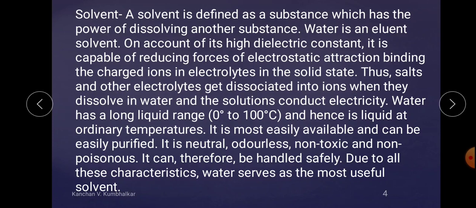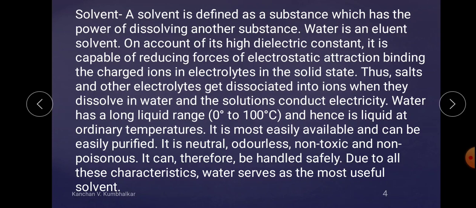In simple words, if you put a NaCl crystal in water, water has the capacity to separate the Na positive and Cl negative. There is an electrostatic force of attraction between Na positive and Cl negative, and because of the addition of NaCl in water, it gets separated into ions. This is because of the high dielectric constant.